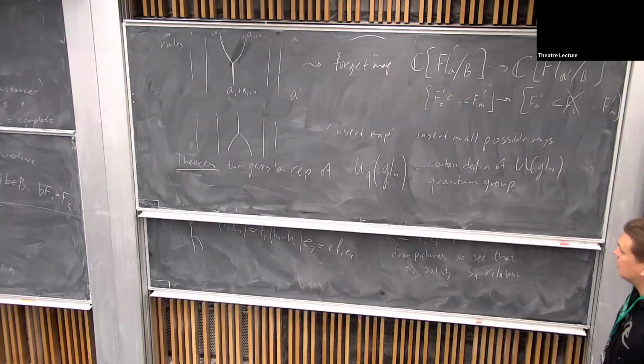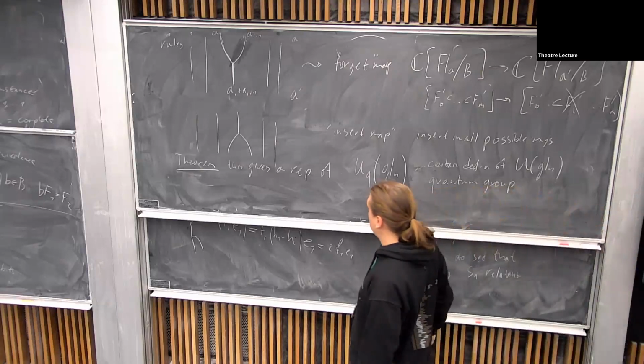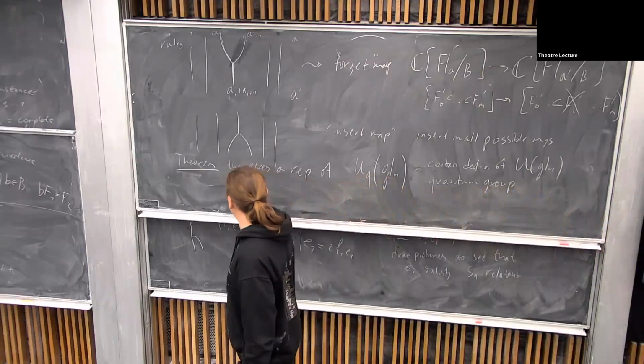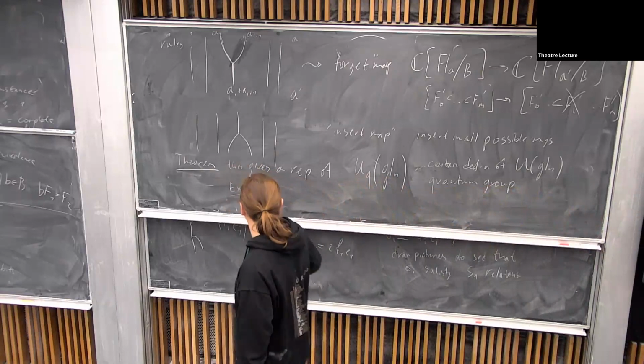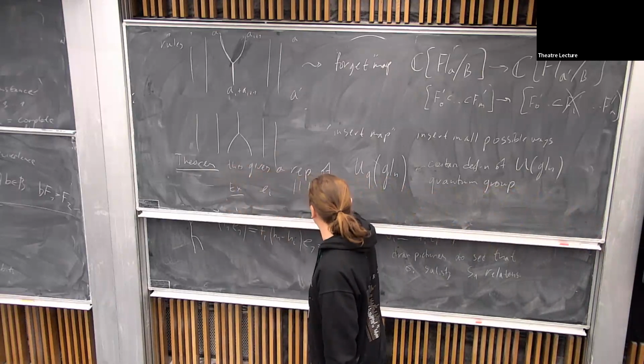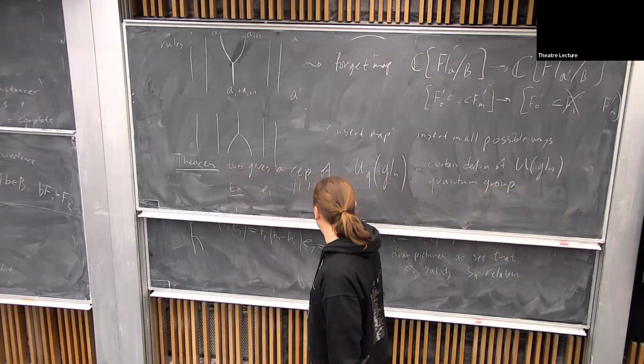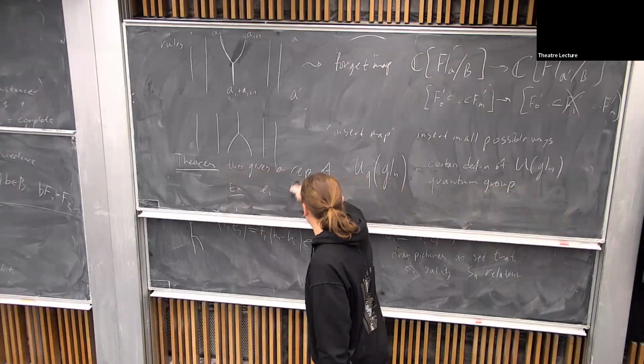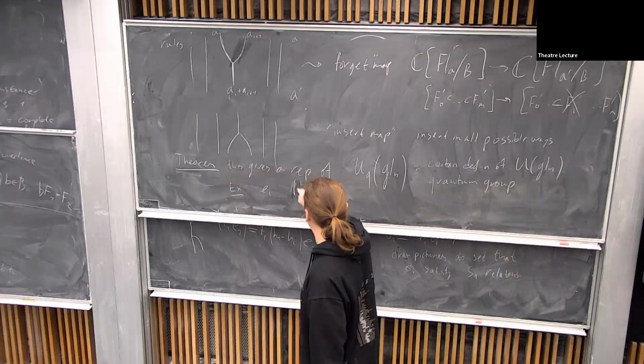And then, so an example, for instance, is that E_i goes to, well, let's look at these two lines that we are supposed to play with.